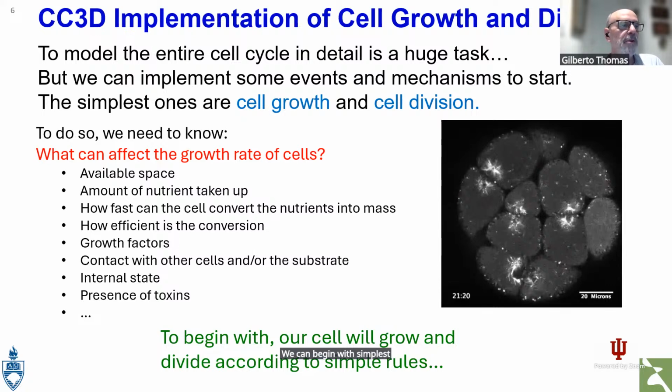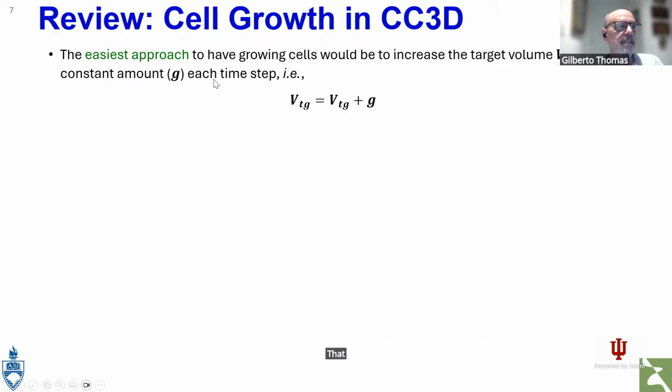But we can begin with simple rules that we implement for the growth of the cell. These simple rules are the following. Let's say that the easiest approach for cell growth is to increase its target volume by a constant amount, say G here, at each time step or each interval of time steps.